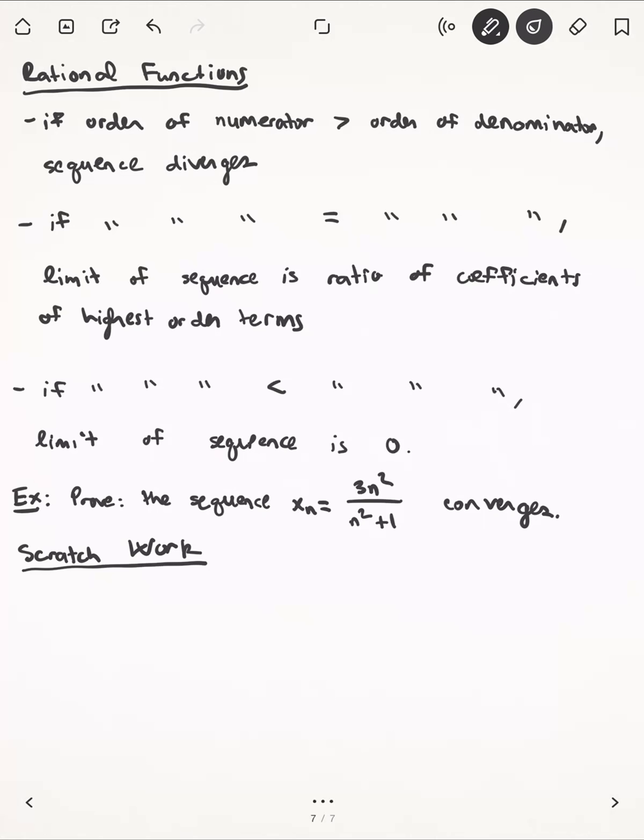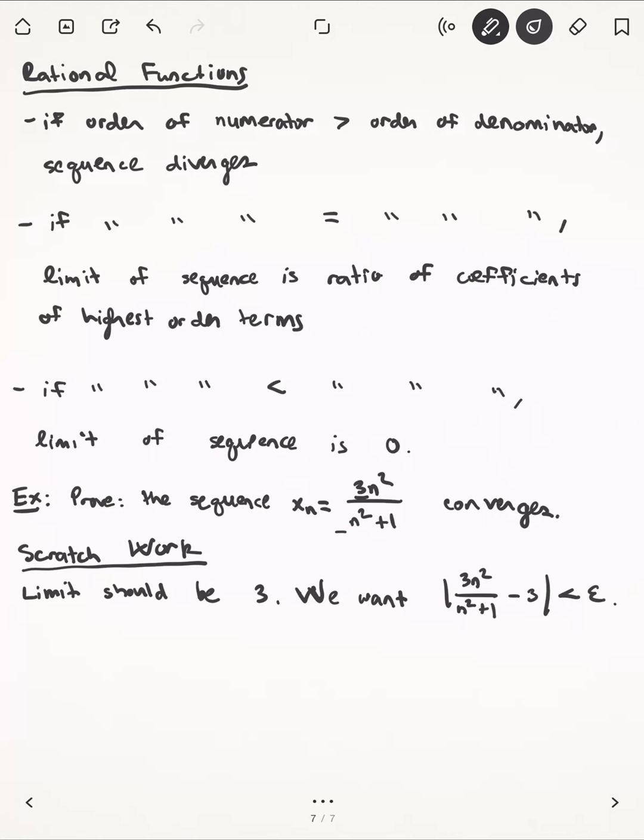So from the tips I've written above this example, we know that the limit should be what? The order of the numerator is the same as the order of the denominator, so I just look at the ratio of the coefficients. So the limit should be 3. So we want, for any epsilon given to us, 3n squared over n squared plus 1 minus 3 to be less than epsilon.